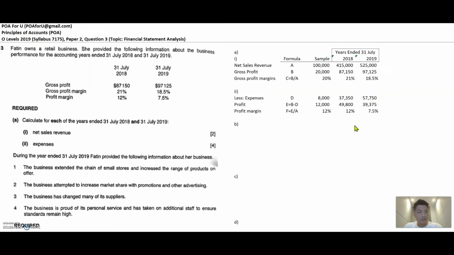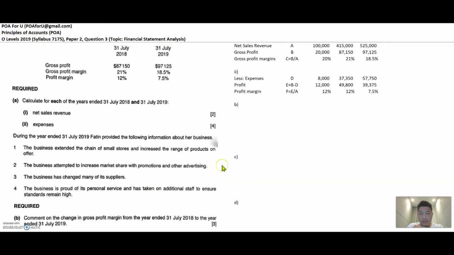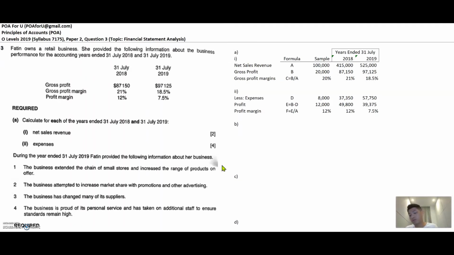All right, so moving along to part B, let's see what we need to do. They've asked us to comment on the change of gross profit margins from the year 2018 to 2019. So when they ask you to comment, you probably need to state an observation, what the observation means, and also potential reasons why you're observing this, right?